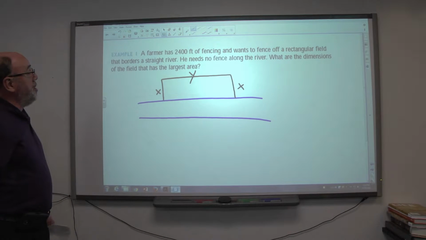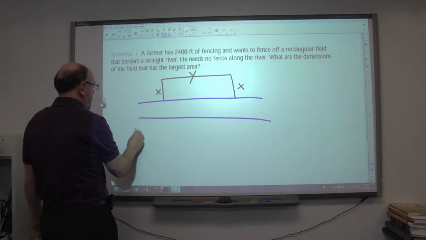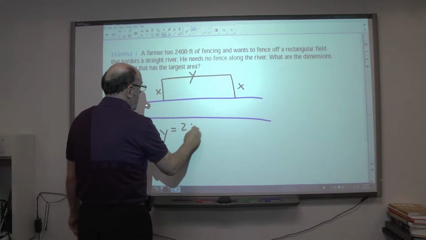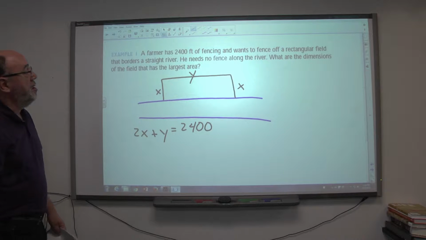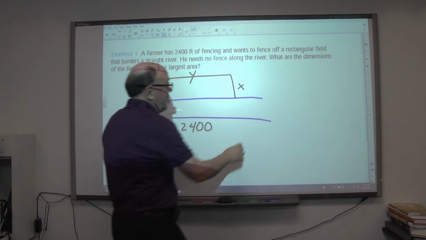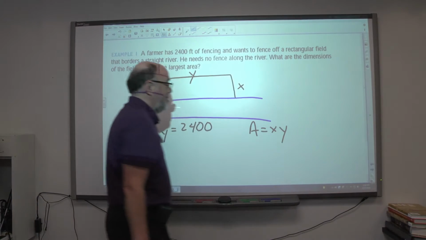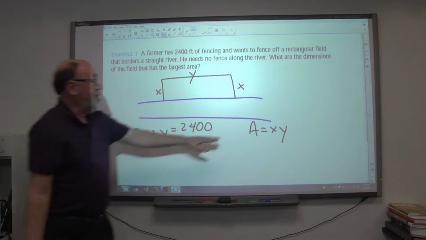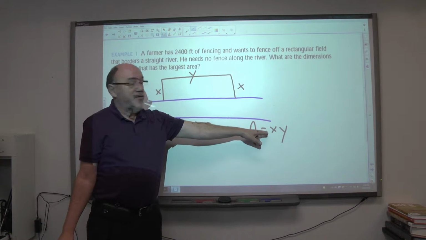Okay. So we know that there's 2,400 feet of fencing, so we know that 2x plus y has to equal 2,400. We also know we want to maximize the area, and the area of a rectangle is given by x times y. Well, this is what we want to maximize, but this equation is in terms of two variables.